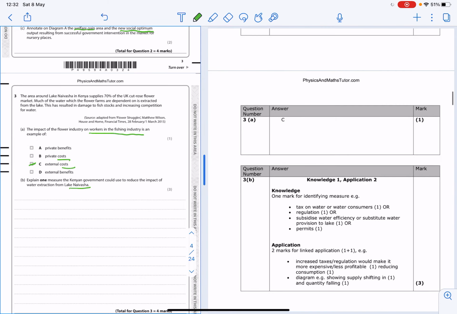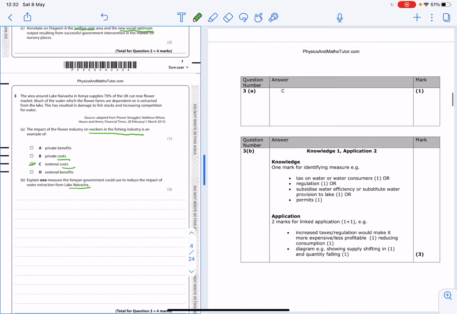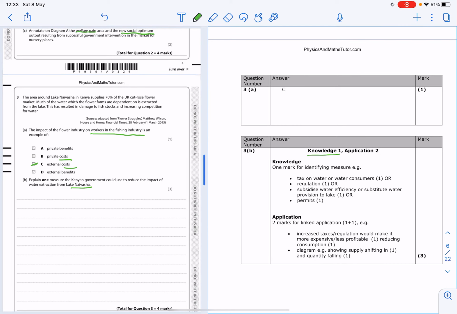So let's look at the mark scheme for the way that they have allocated it. So the previous 3 marker was three different skills. It was knowledge, application and analysis. This one is 1 mark for knowledge, 2 marks for application.